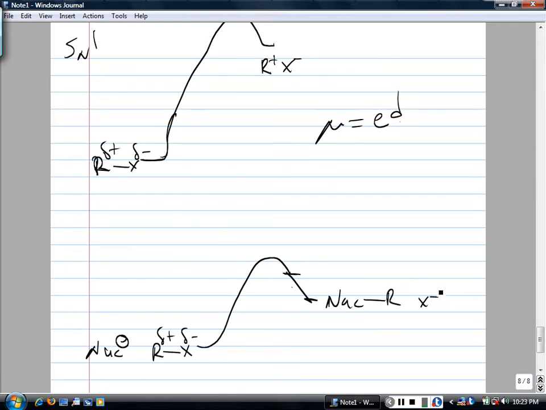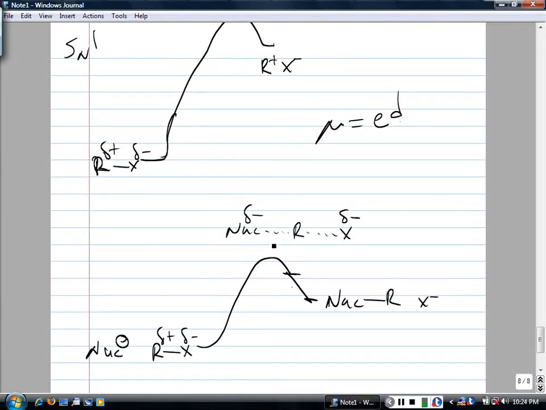So what does my transition state look like? Well, it's Nuc dot dot dot R dot dot dot X. My minus charge is now distributed between the nucleophile and the X. So here I have a discrete point charge in my nucleophile. Here it's smeared over a pretty large distance.